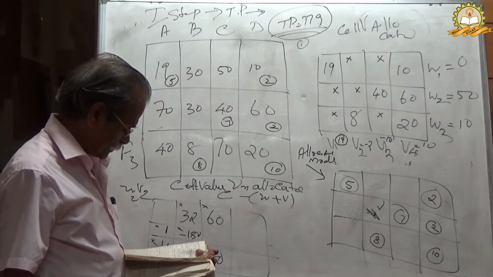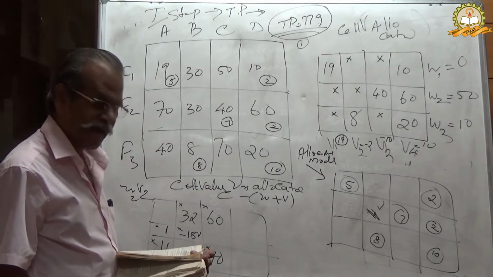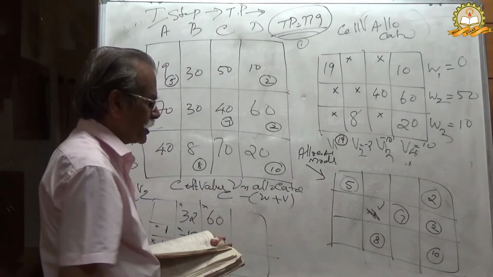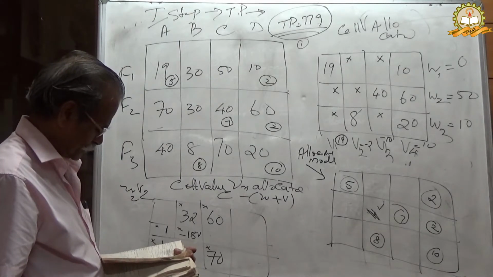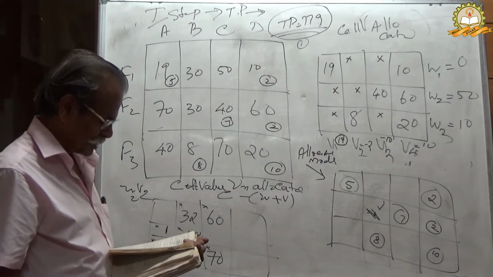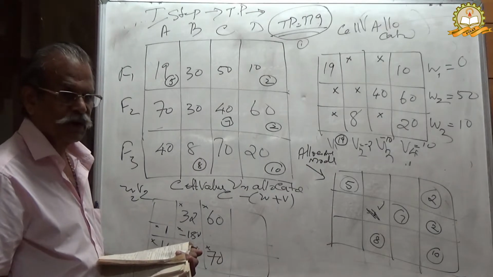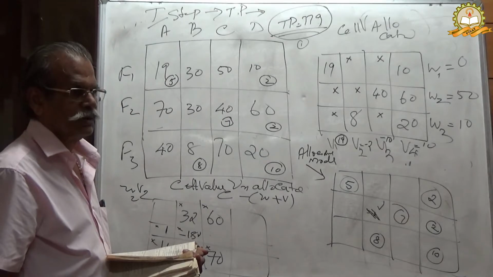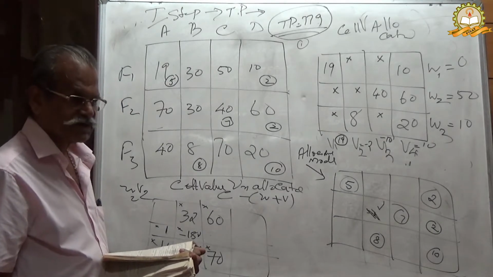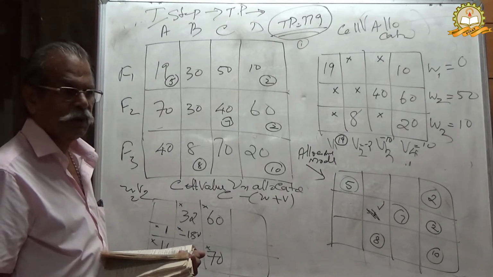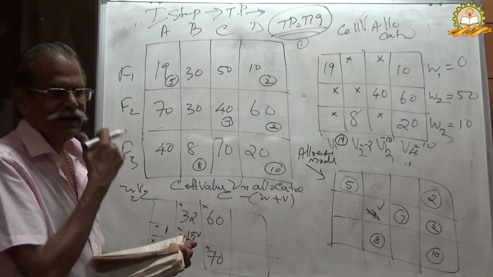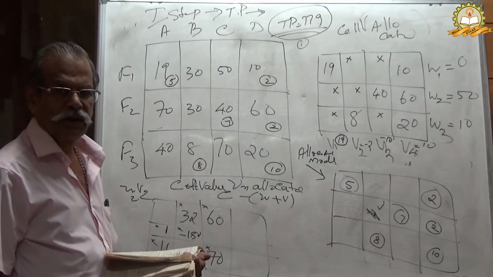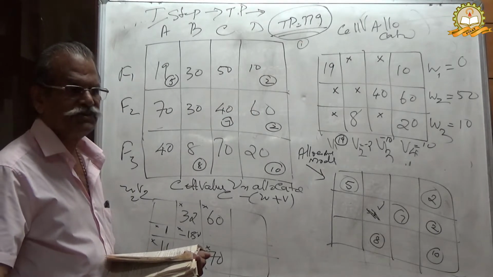Then next step, construct a path in this revised matrix, consisting of a series of horizontal, vertical lines, such that the path starts with and ends with allocated cells.